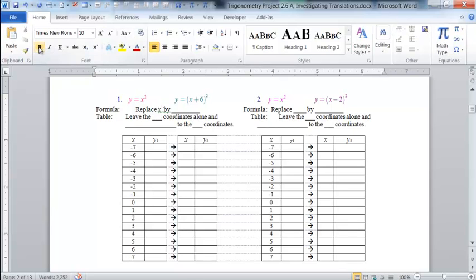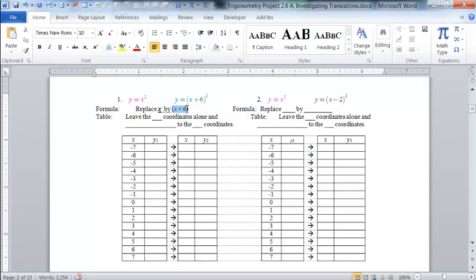So I've replaced x by what? Well, everywhere there's an x in the one on the left, I've replaced it by a set of parentheses, and in that set of parentheses I put x plus 6. So that's what happened to the formula.